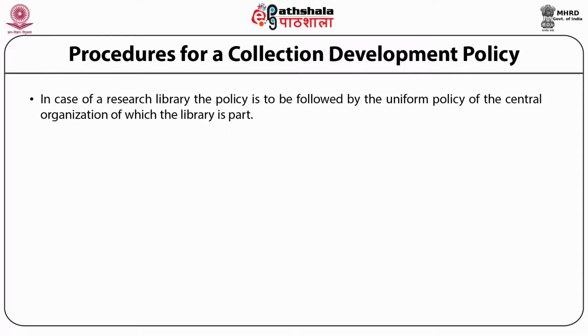So there are many institutes functioning under this umbrella term, say CSIR. They started calling them CSIR labs also. So in that case, it is not possible, not even feasible, probably not allowed, to have a different collection development policy. So it is guided or bound by the policy developed by the central agency.